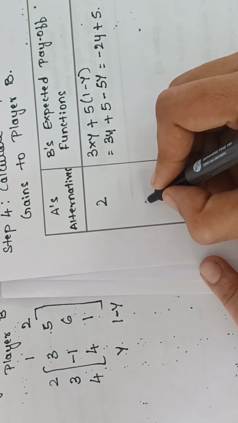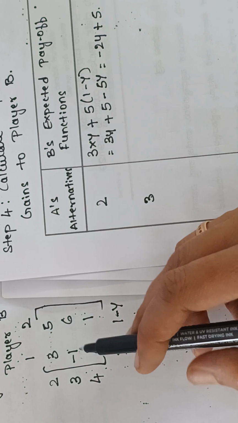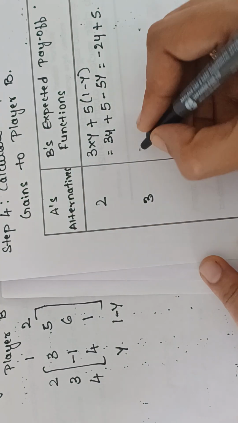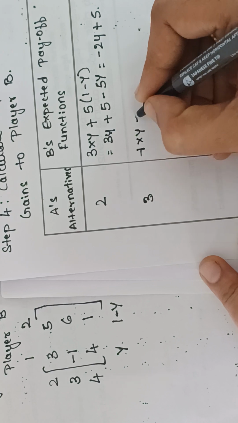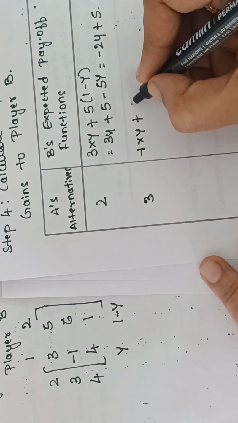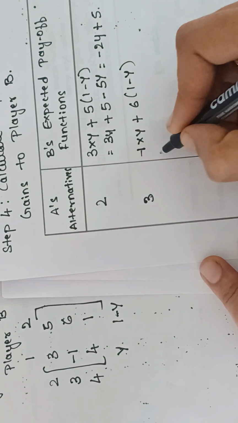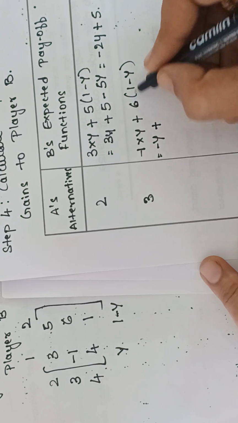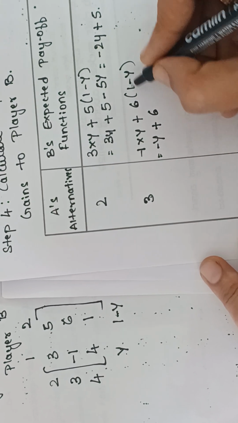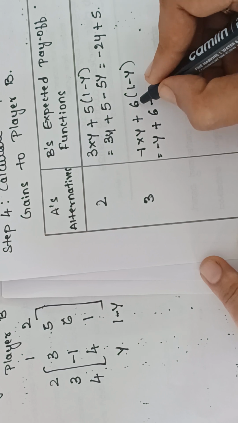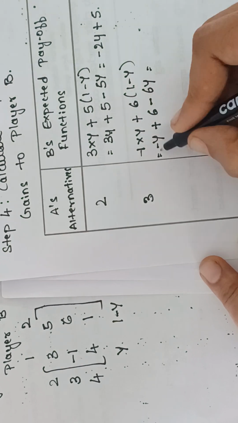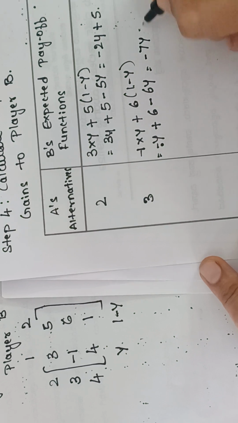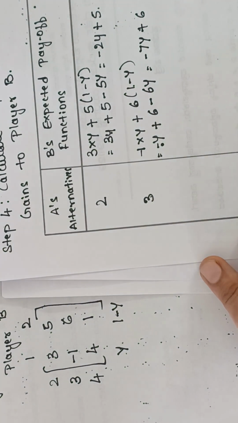Now next alternative is 3 and the values are minus 1 and 6. So minus 1 into y plus 6 into 1 minus y. This will be minus y plus 6 into 1, 6, then plus into minus, minus 6y. So minus y minus 6y will give us minus 7y plus 6.